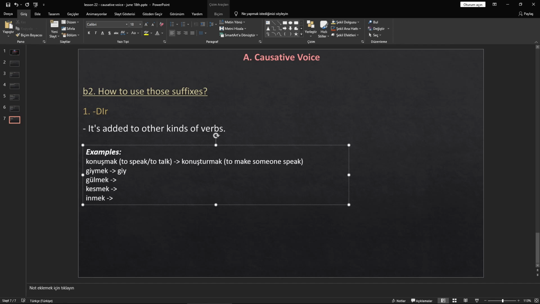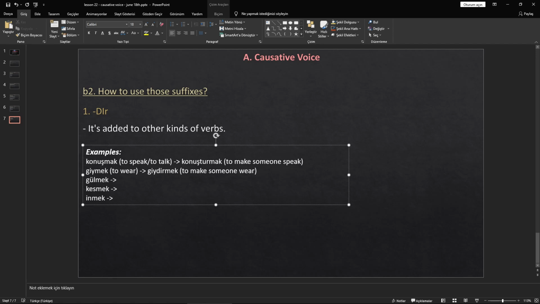Giymek. Giydirmek. So giymek means to wear, and giydirmek to make someone wear. You can say, for example, kızımı giydirdim.